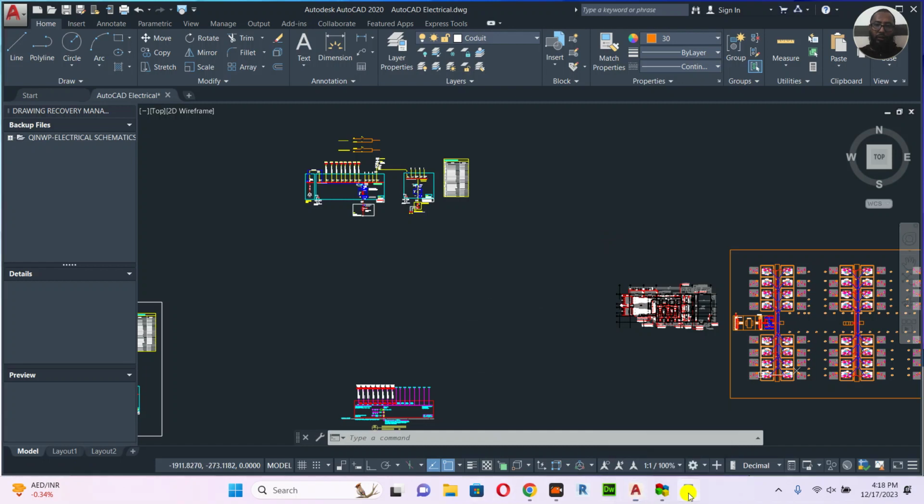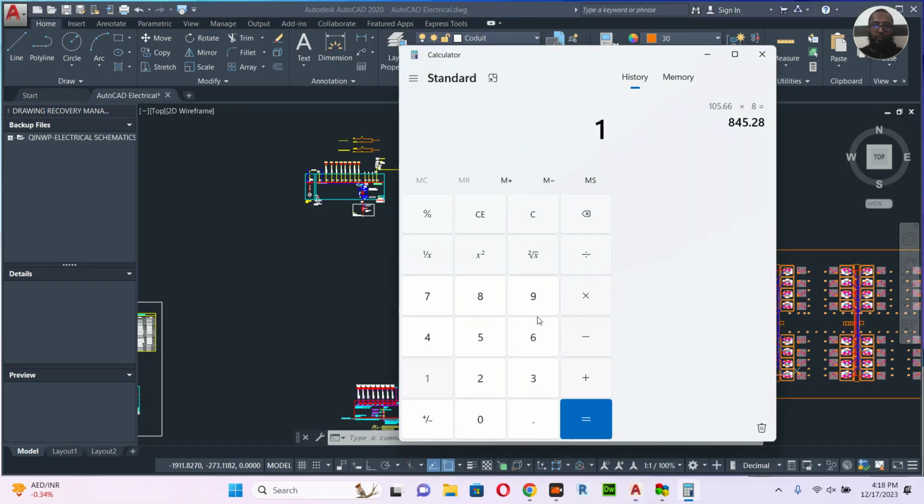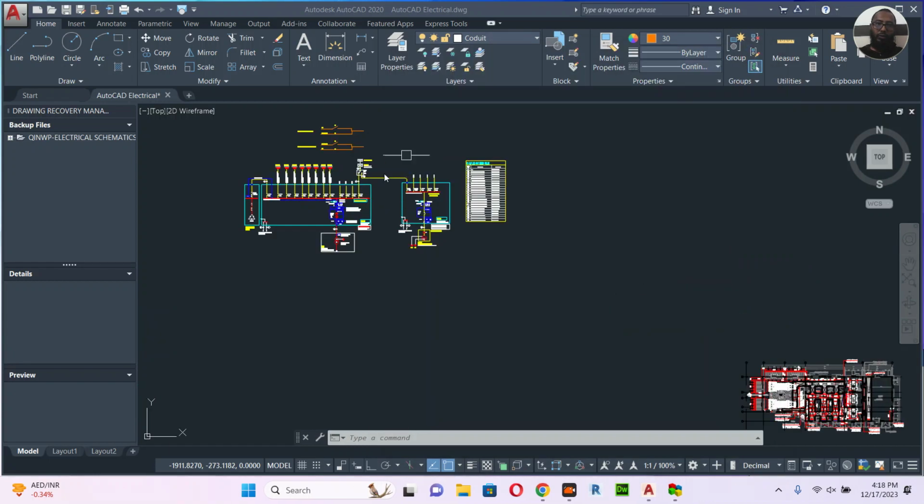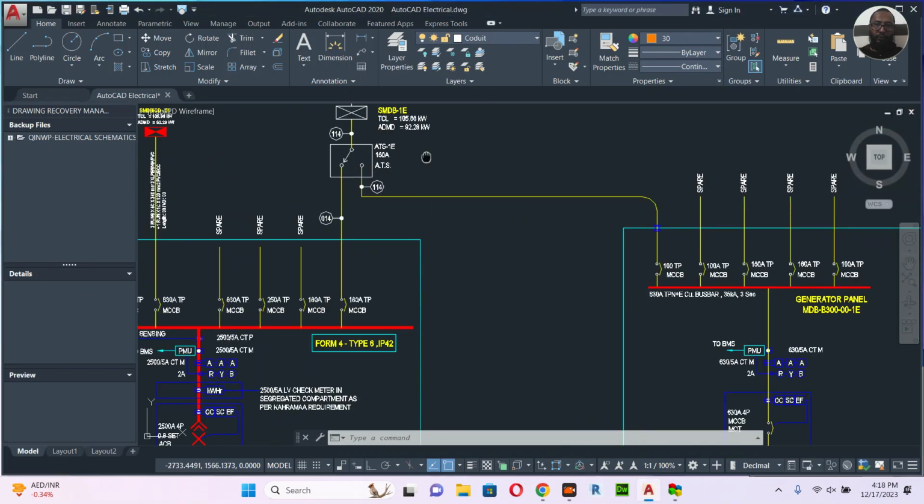So let's go for the 120 lights. Each light we will consider 100 watts. Let's type 100 and divided by 1000. So it is almost 12 kilowatts. Let's put 12 here.